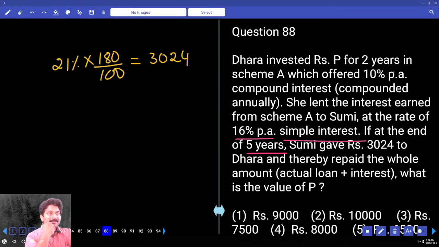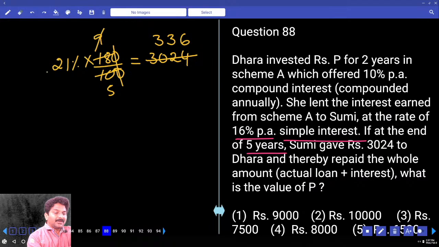3024. Yes? Now we were asked to calculate what is the value of P. P in the sense 100%. Agreed? 0, 0 cancel. 9 times and then 5 times. 9, 3 times 27, 32, 9 again 3 times, 54, 6 times, 21, once, 126, 6 times, 5 goes to right hand side, 80.